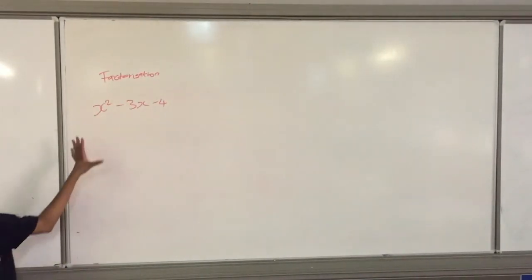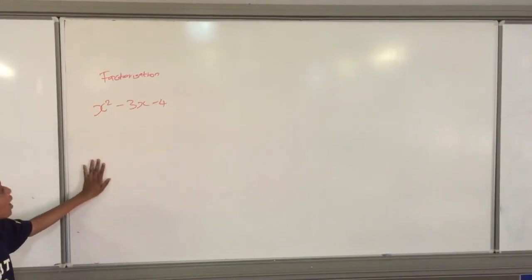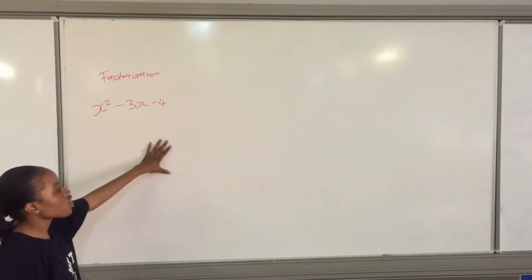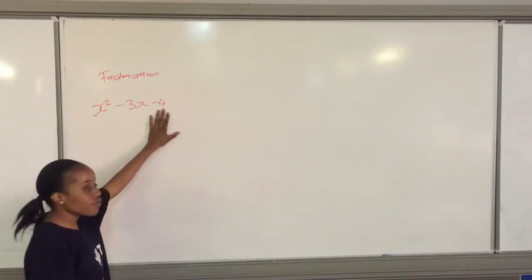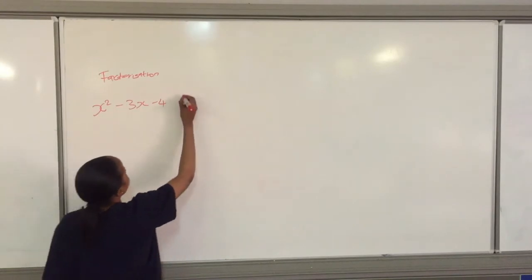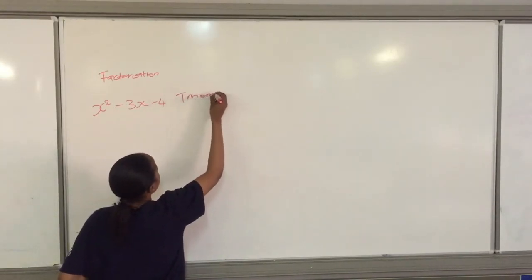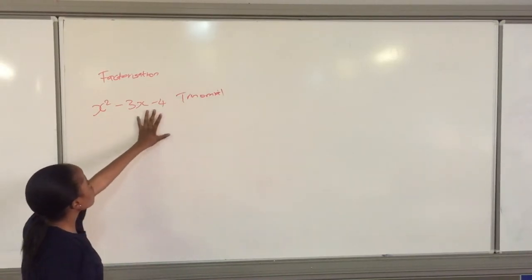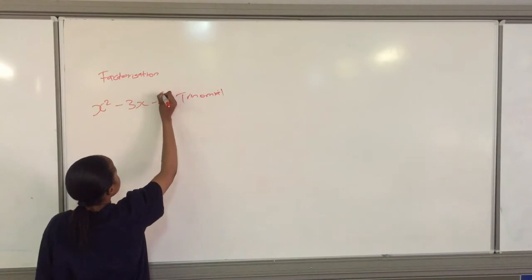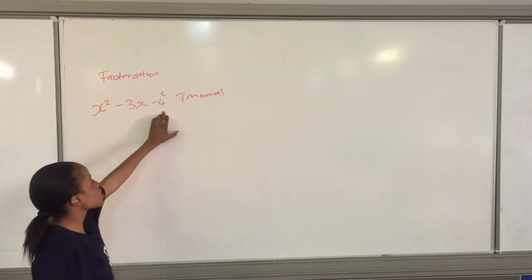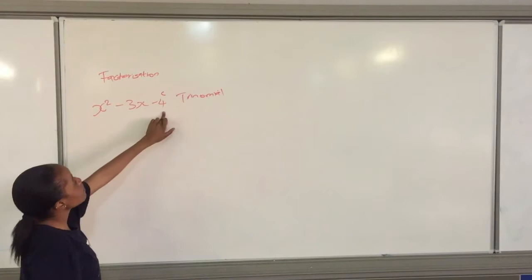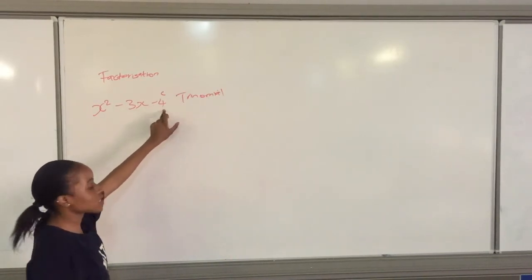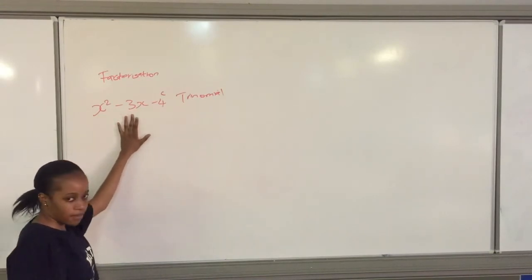So on this part, we'll be learning how to factorize, right? By now, I'm aware that you guys know that when you're factorizing a trinomial, this is a trinomial, right guys? When you're factorizing a trinomial, you find the factors of C that when you multiply them, they give you C, but when you add or subtract them, they give you the middle term, right?